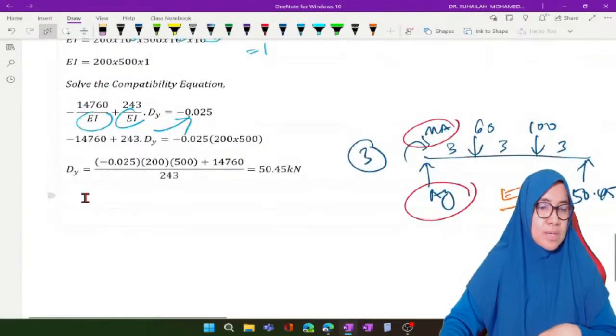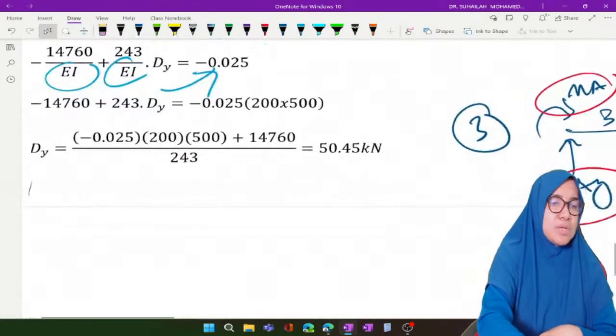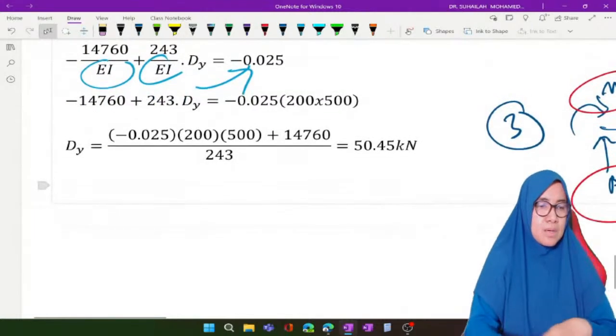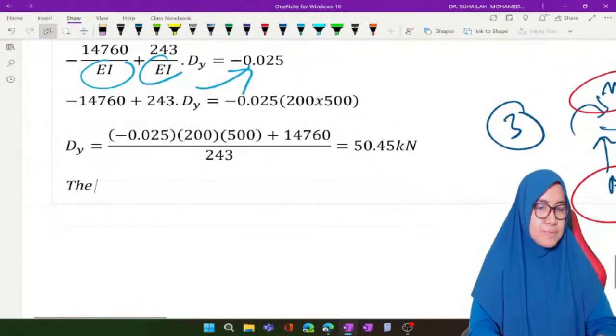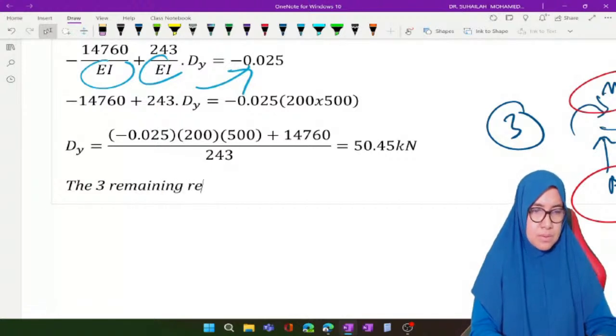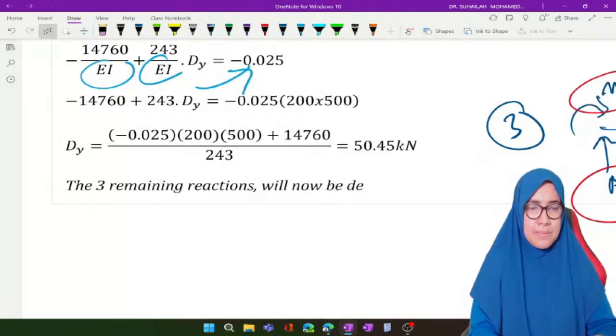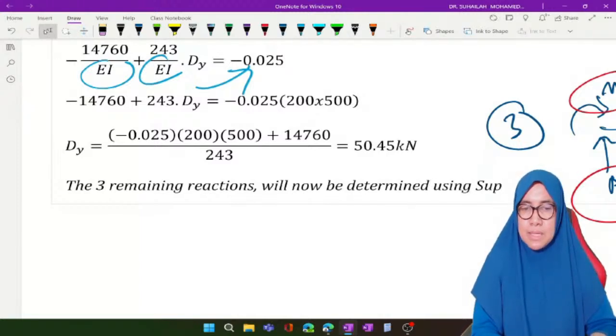Okay, so now I will continue this. The three remaining reactions will now be determined using the superposition method, or principle of superposition.